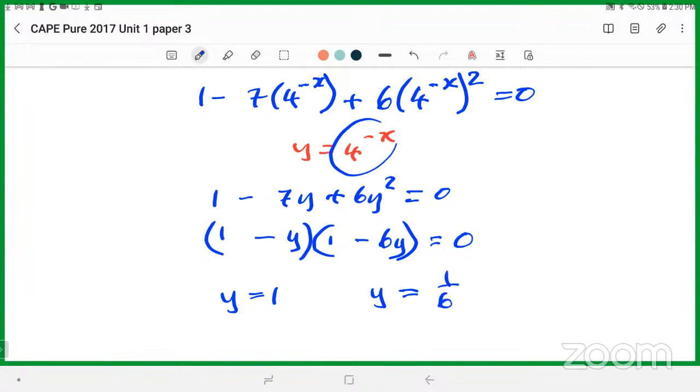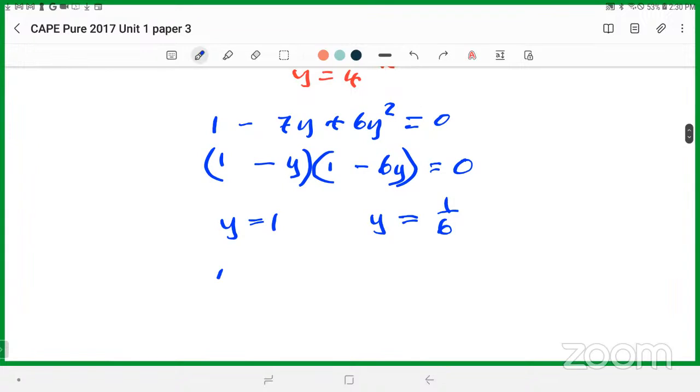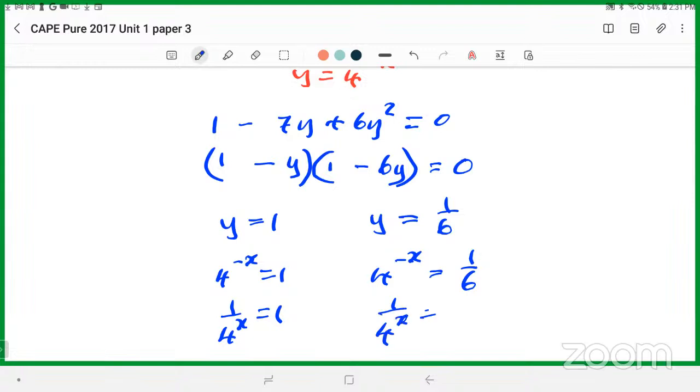But the y is this. So I'm now getting 4 to the minus x equals 1, and 4 to the minus x equals 1 over 6. But 4 to the minus x is the same as 1 over 4 to the x, so 1 over 4 to the x equals 1, and this one is 1 over 4 to the x equals 1 over 6.